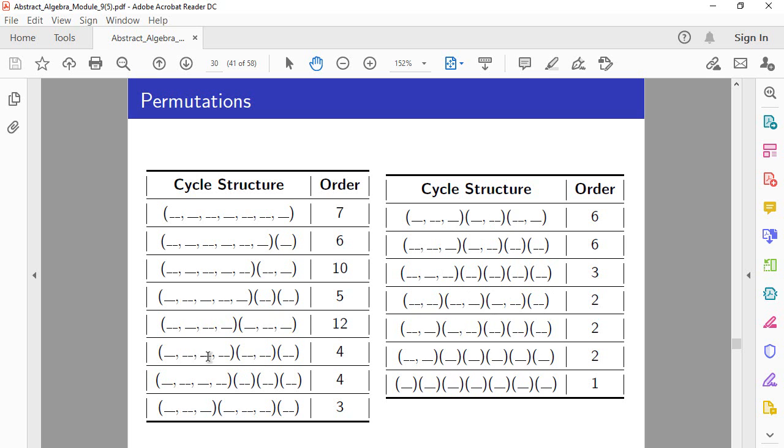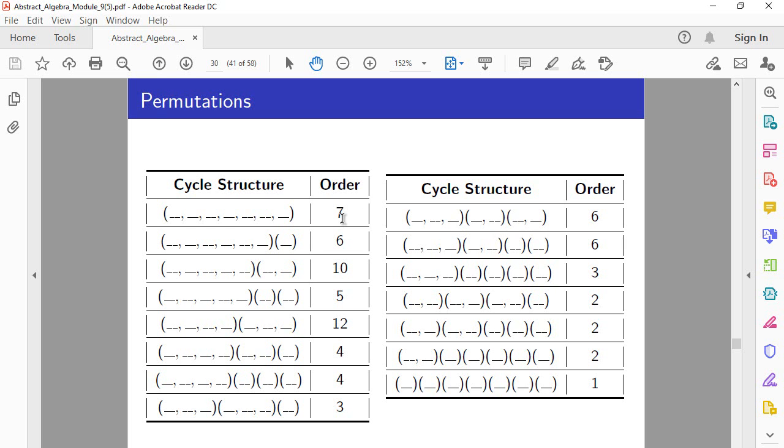So you see, there are 1, 2, 3, 4, 5, 6, 7, 8, 9, 10, 11, 12, 13, 14, 15. There are only 15 possible disjoint cycle structures in S7, and then we can see the order for each of those cycle structures.